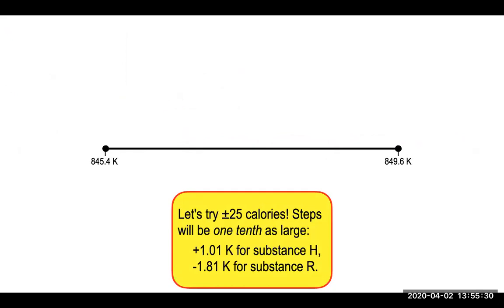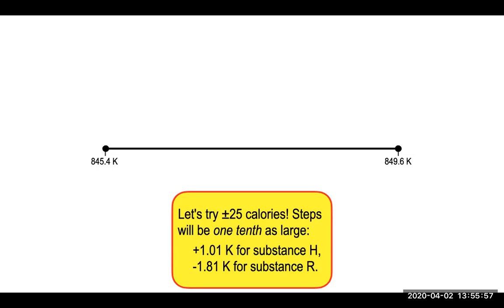So plus or minus 25 calories. And all that means is that your delta T's are 1/10 of what they were. So for substance H, instead of going up 10.1 Kelvin, you go up 1.01 Kelvin when you exchange 25 calories. For substance R, instead of dipping down by 18.1, you dip downward by 1.81.